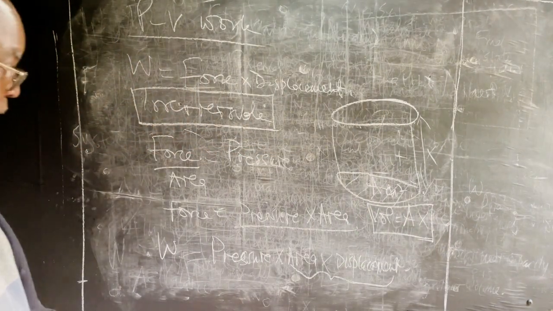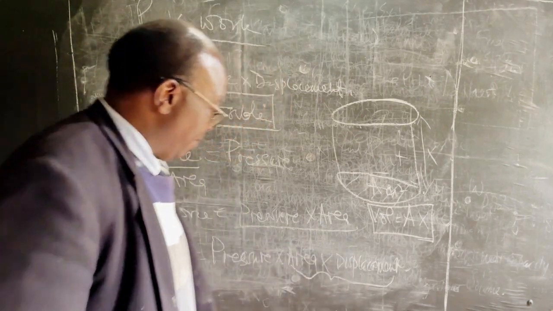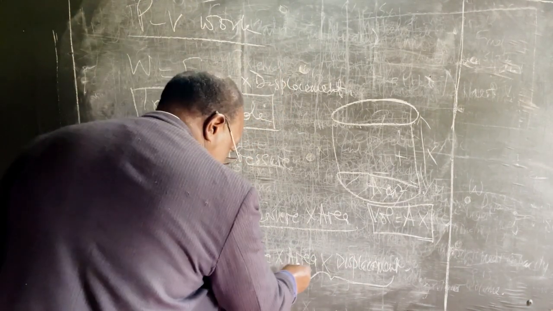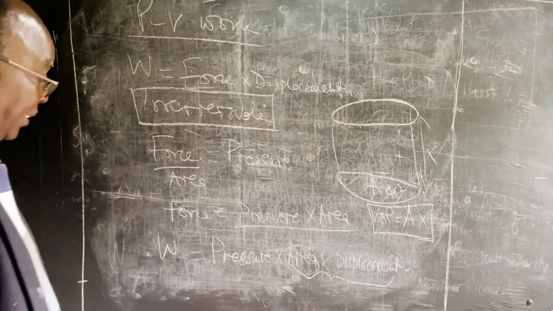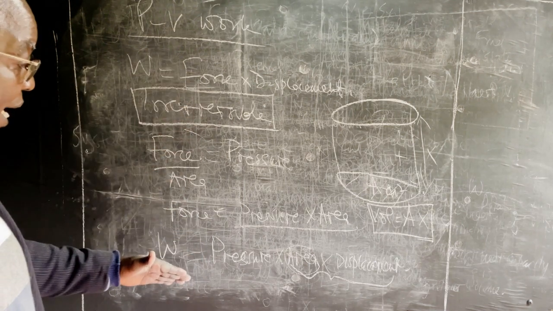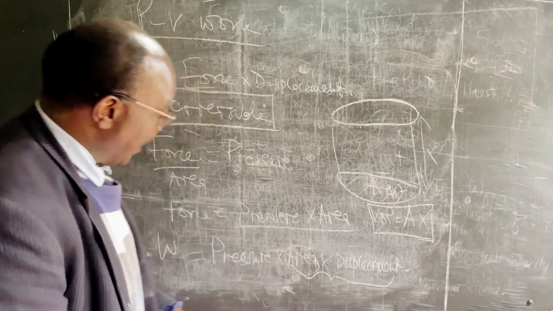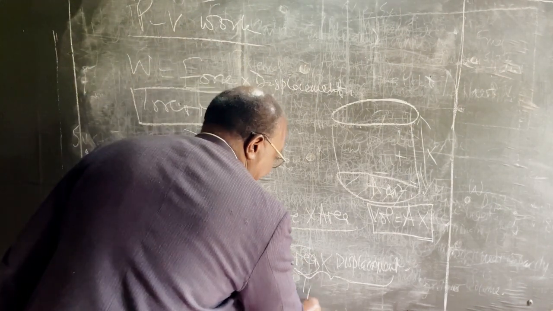And in the same way, the area times the displacement. Because remember this area, which we have mimicked, because we mimicked the piston with some mass pushing down on the gas in the cylinder, that area is basically corresponding to the area of the piston.